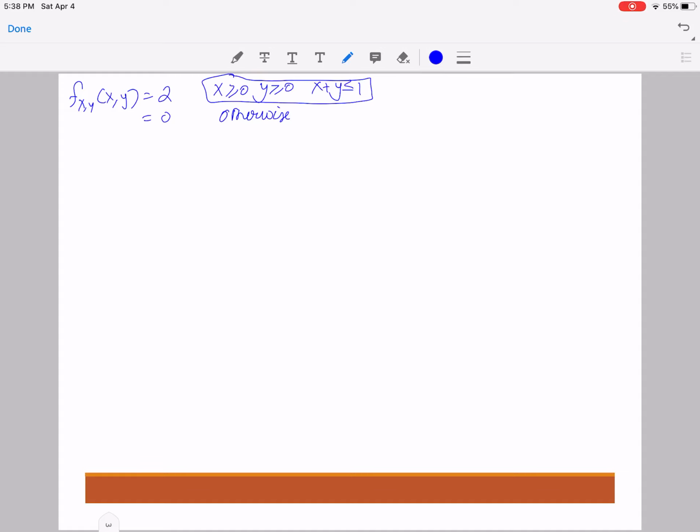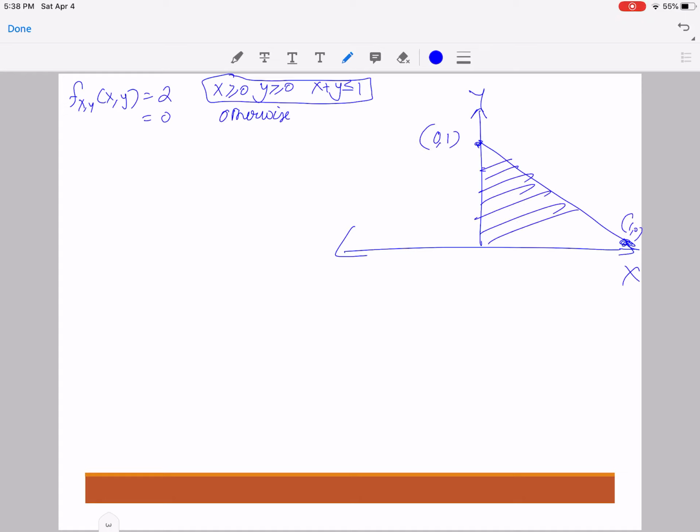That's going to be the region of non-zero probability. So let's plot it. This is the region of non-zero probability right here, all the points under this line. This point is 0, 1, this point is 1, 0. So all of this region is the region of non-zero probability.